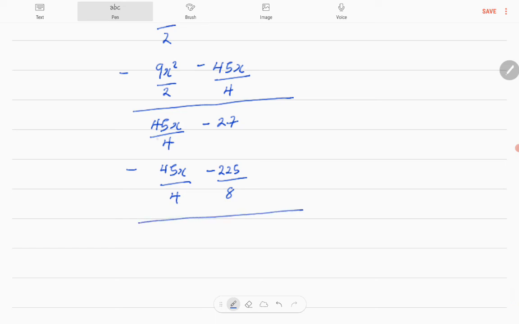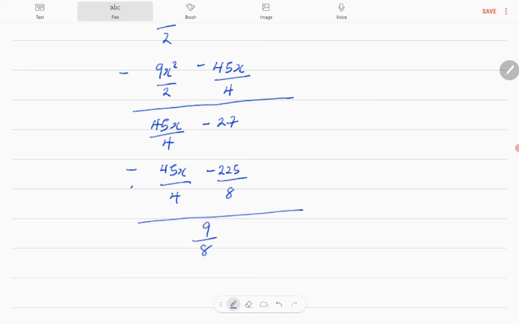Of course, 45x/4 minus 45x/4 cancels, and minus 27 with the minus affecting this minus here changes to plus, so you have −27 + 225/8. When you take 27 away from 225/8, you have 9/8 as the answer.